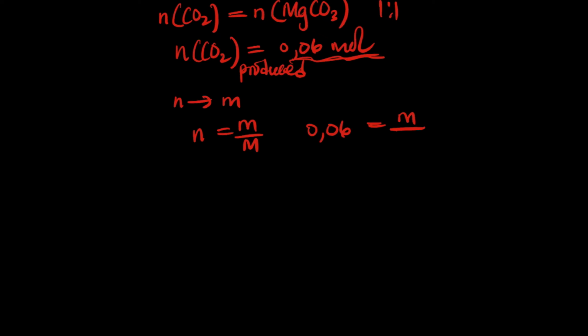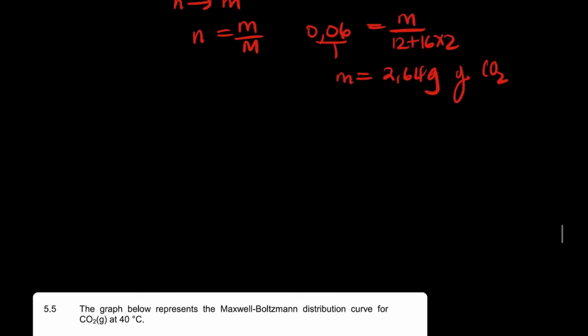The molar mass of the carbon dioxide is 12 plus 16 times 2, which is 44. So when you calculate that, the mass is going to be 2.64 grams. This is 2.64 grams of carbon dioxide, in terms of mass.